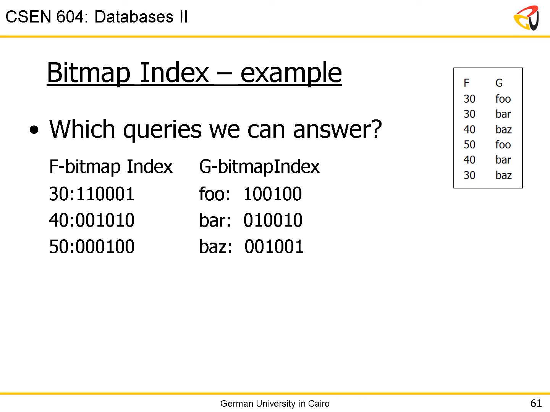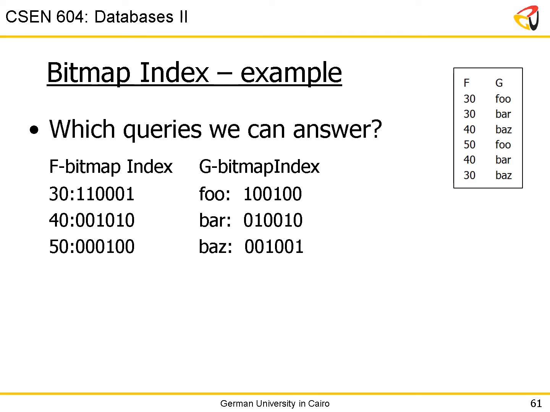Either of them will be in my result set. So I'm going to OR all the bits for 30 and 40. That's provided that we can maintain this list of values 30, 40, 50 sorted. So we could make use of it to answer even range queries. And we can also answer range queries in both dimensions at the same time.